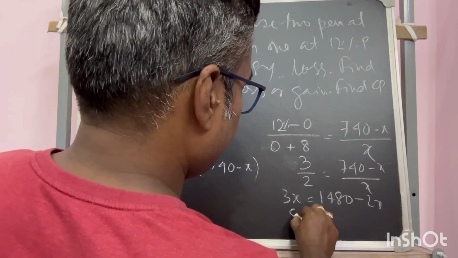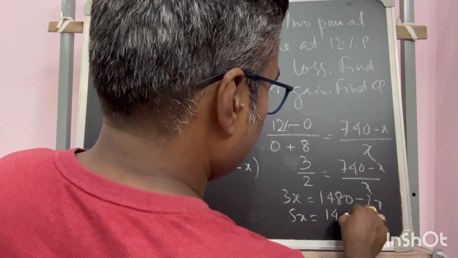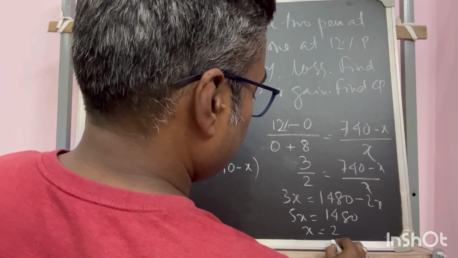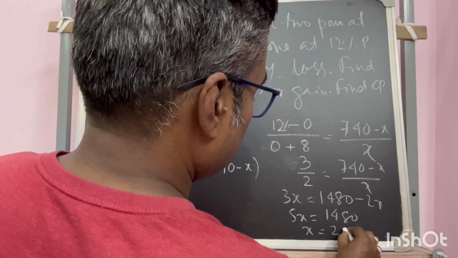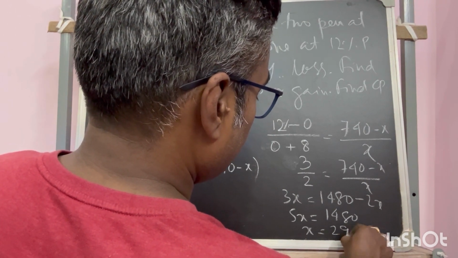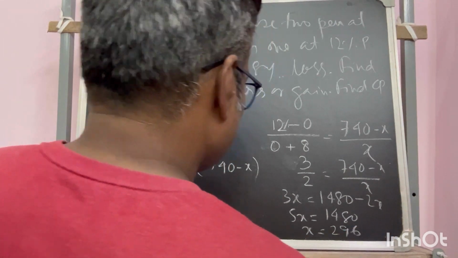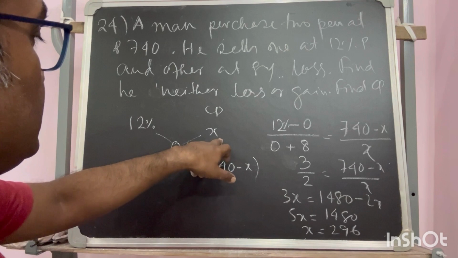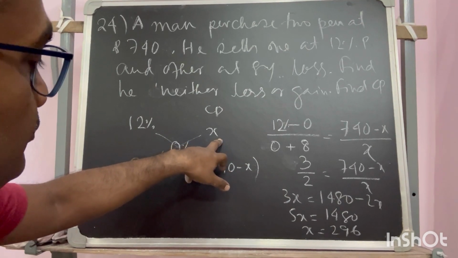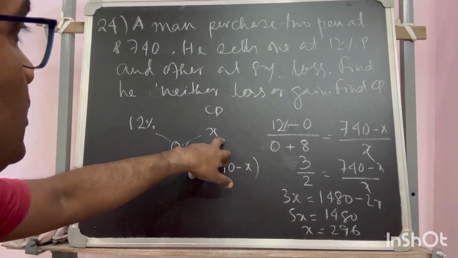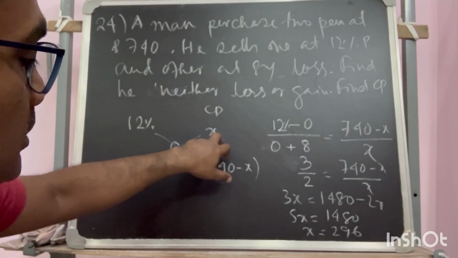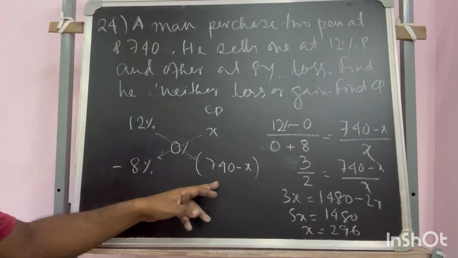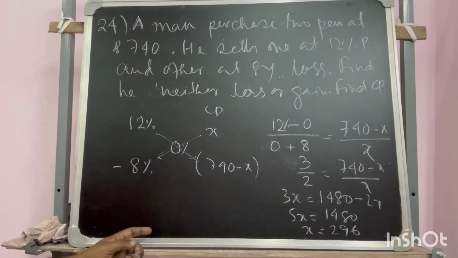So ultimately 5x is equal to 1480, so x is equal to 296. Find the cost price. So the cost price we have assumed for the first one, where I'm making profit, is x, and the second was 740 minus x.